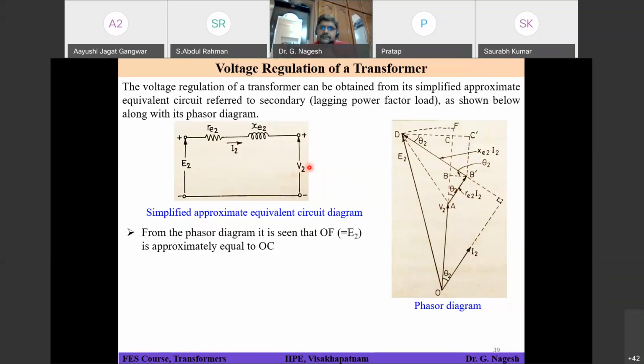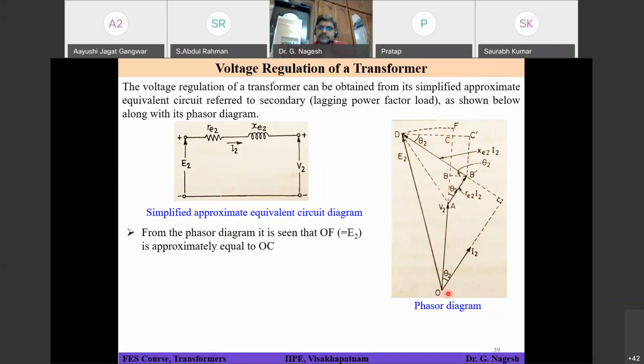From this phasor diagram, if E2 is projected onto this, because it's only the magnitude difference, not the phasor difference, E2 will be equal to OF, which is approximately equal to OC. Approximately I am going to do.